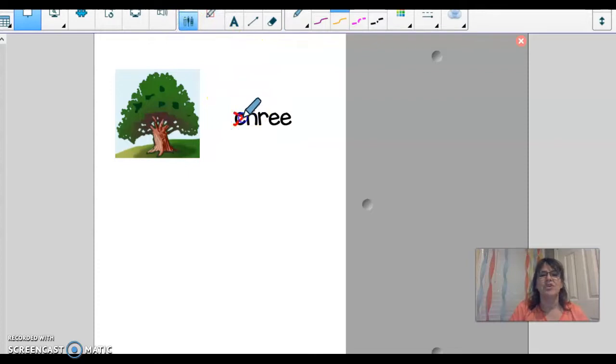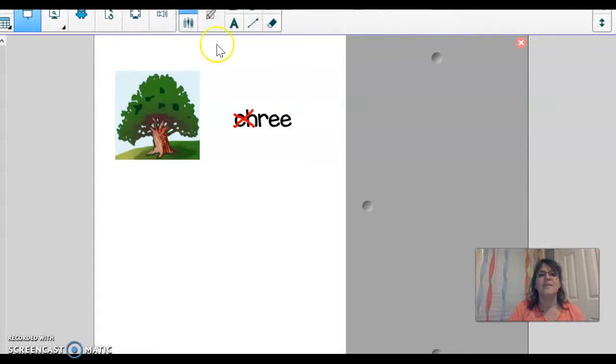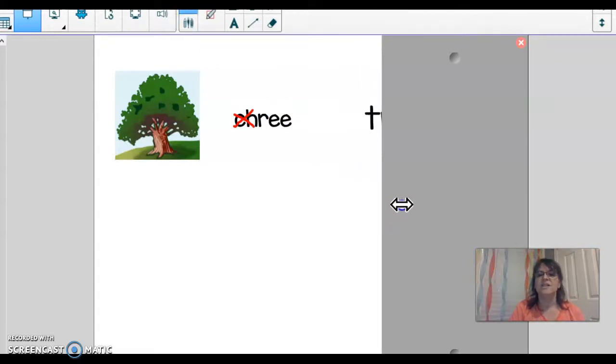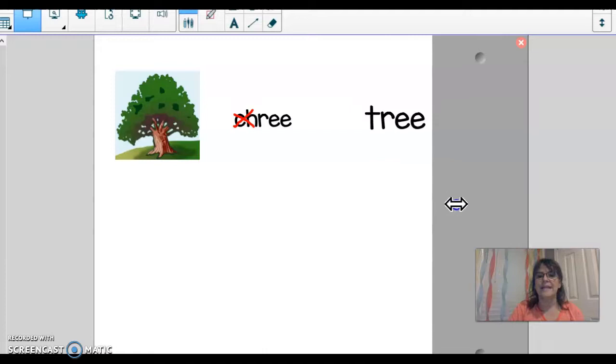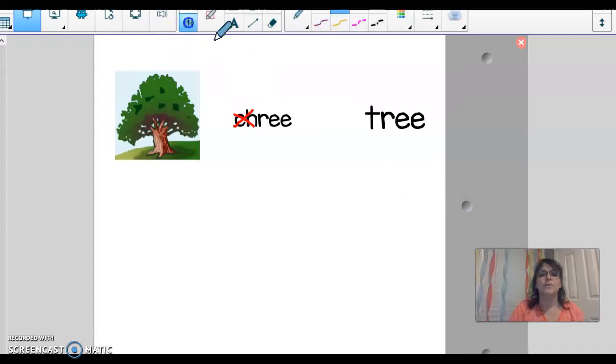There's no CH in the word tree. Instead, it's just T, R. So it would be tree. So you should hear the T and the R, tr. You hear that? A little bit harder because it does kind of sound like the CH.